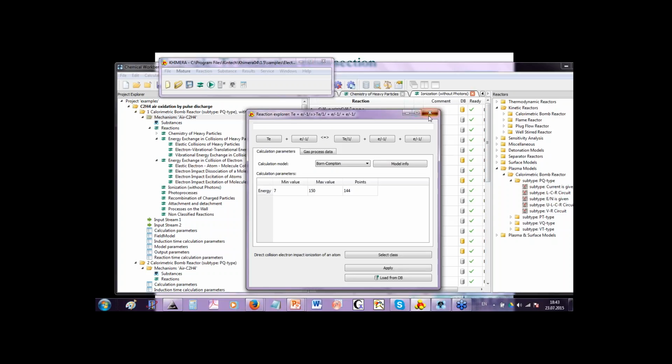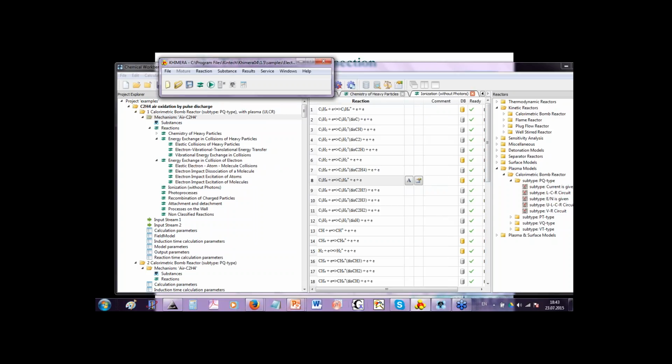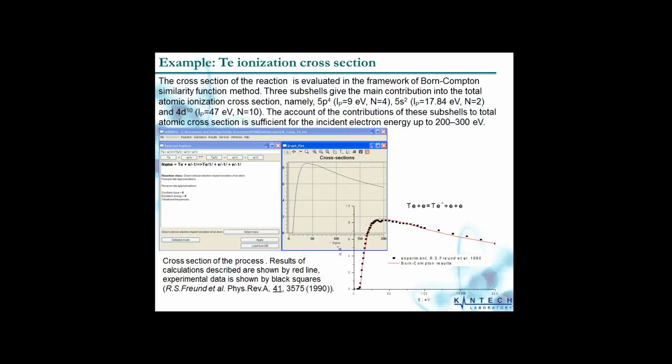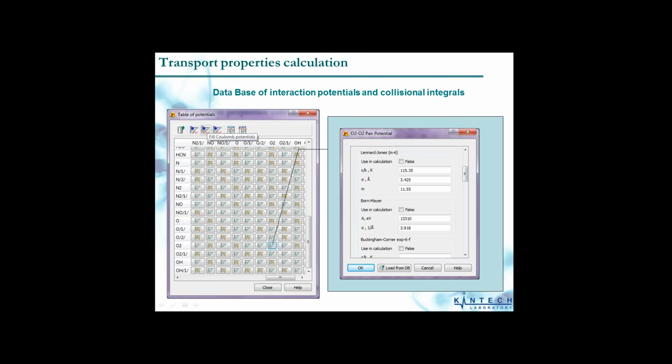And the Chimera tool permits to calculate not only the cross section and the rate constant. There is an example of calculation of cross section for tellurium in comparison with experimental data.